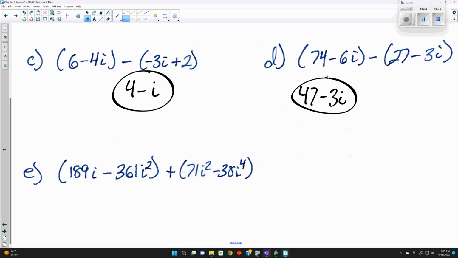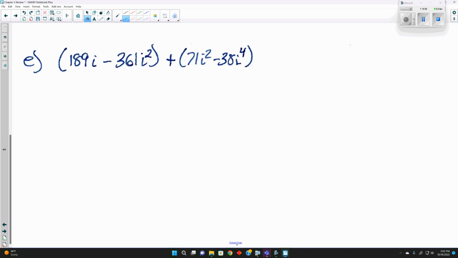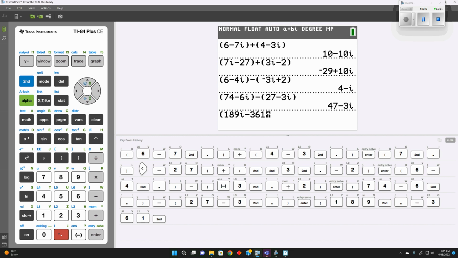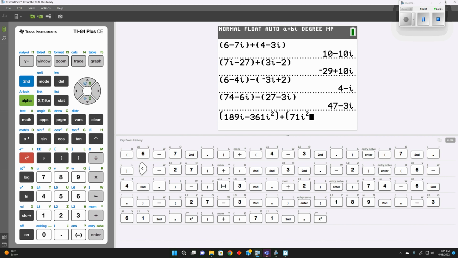Now, last but not least, we have this here, e. And again, we can type it into the calculator, even with the powers. So we have (189i minus 361i squared plus 71i squared minus 38i to the fourth.